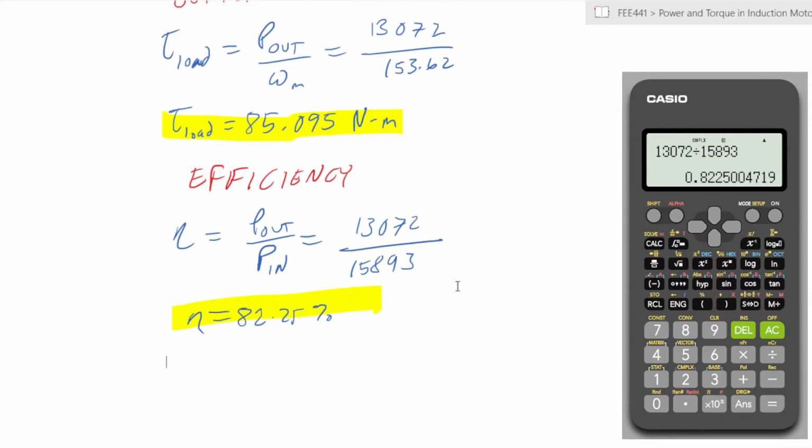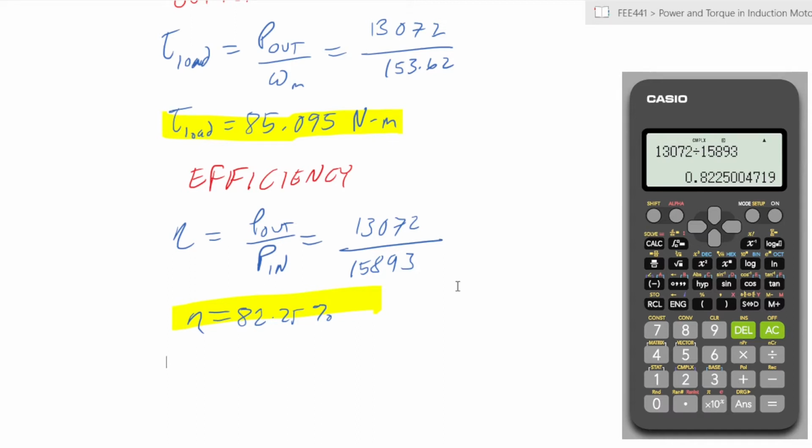You can see induction motors seem to be not very efficient. It's not the most efficient motor available out there. Technology has improved over the years, as we will see in the next unit, in the next semester. There are certain motors that do have better efficiencies than this.